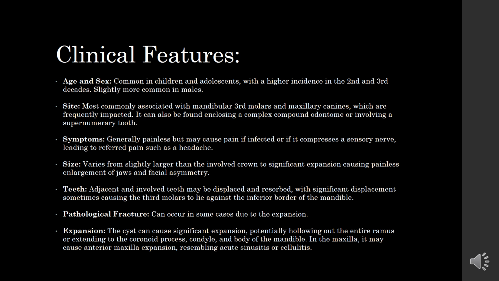Pathological fracture can occur in some cases due to the expansion. The cyst can cause significant expansion, potentially hollowing out the entire ramus or extending to the coronoid process, condyle, and body of the mandible. In maxilla, it may cause anterior maxilla expansion resembling acute sinusitis or cellulitis.